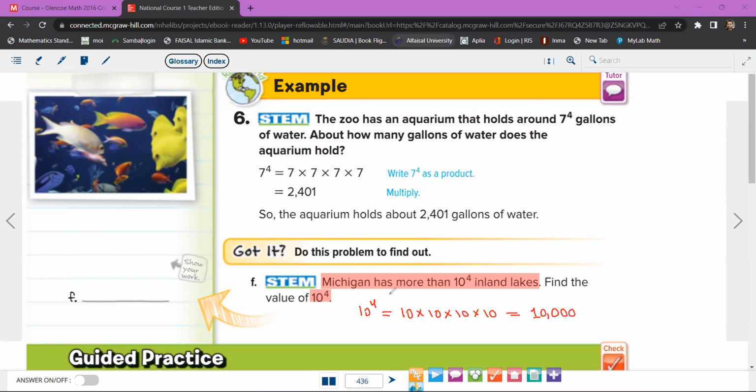Or as we said, since the base is 10, just look at the exponent and put the number of zeros according to the exponent. The exponent is 4, so we need 4 zeros. So it is 10,000 lakes.